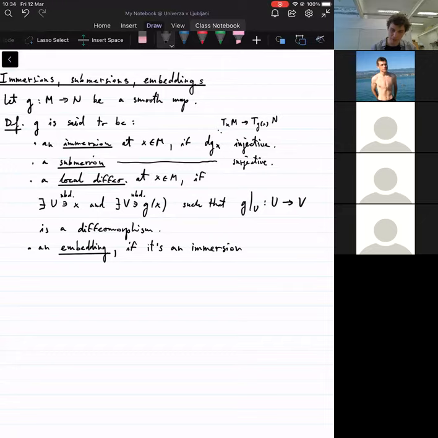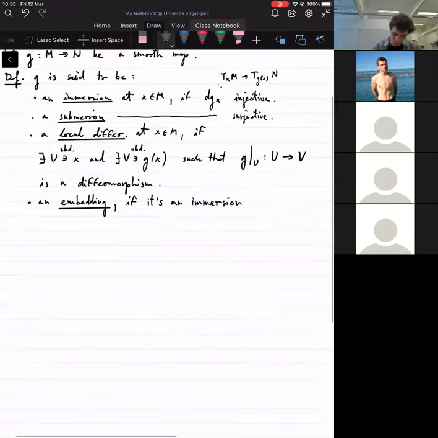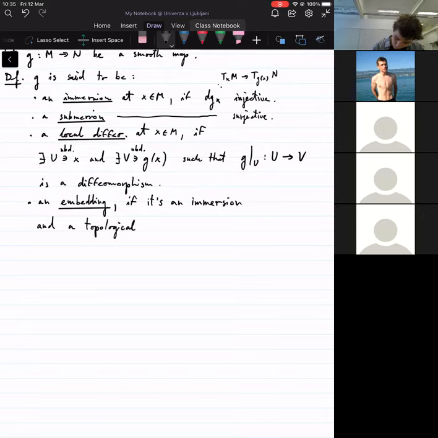Does anybody know what else has to hold for this G? Homeomorphism on its image in topological sense. Yes. So, topological embedding, right?